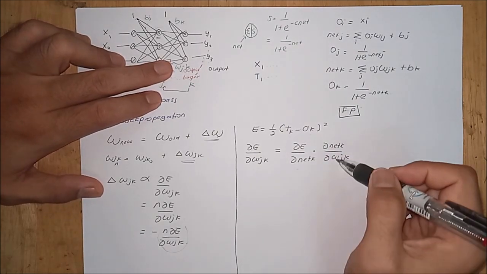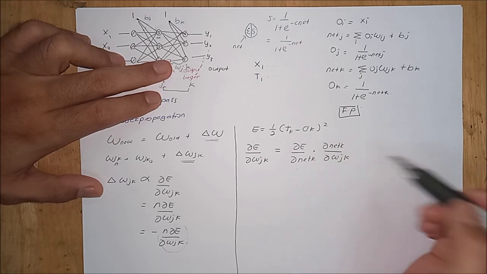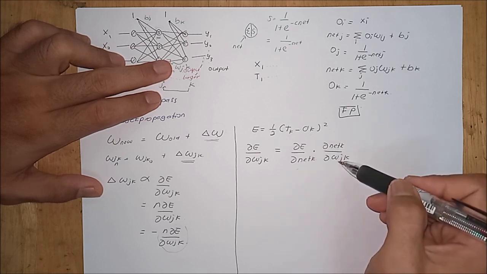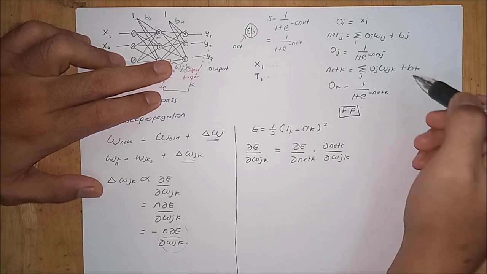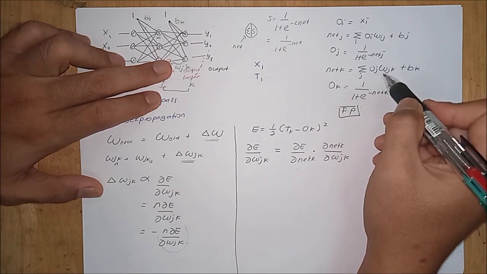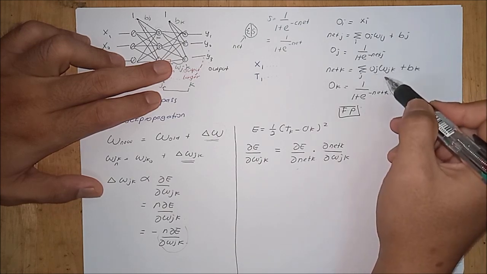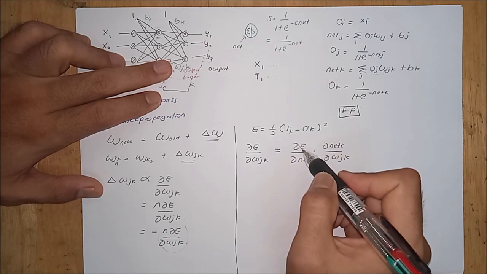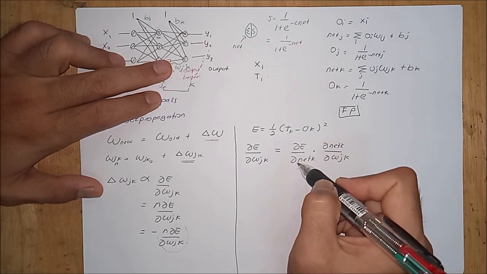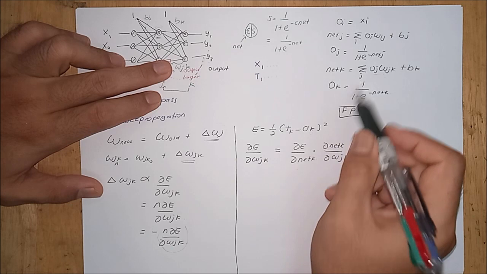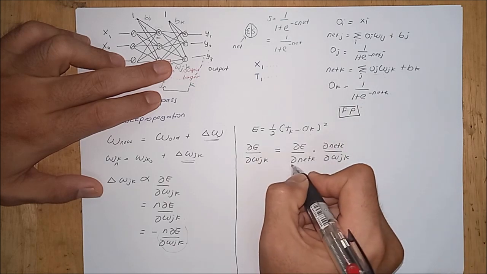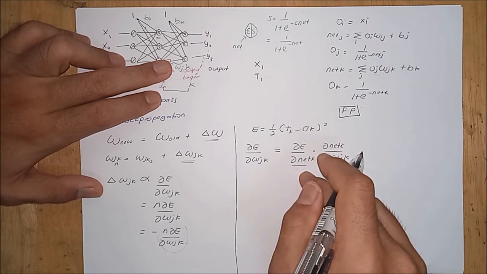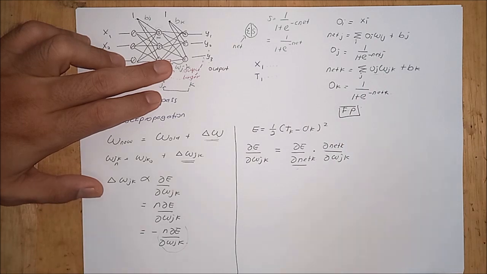For d net k over dwjk, you can actually find the relation from the forward pass equation. However, for dE over d net k, the relation is not direct, so we need to expand this part in order to find the relation.